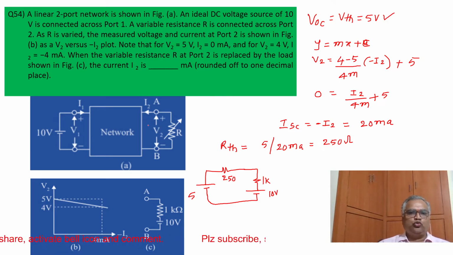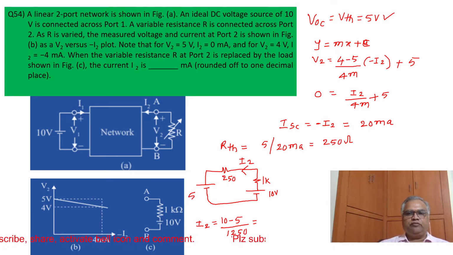The current I2. So this is the I2 direction. This I2 we have to find. So how do you find I2? It is nothing but 10 minus 5 by 250 plus 1K, which is 1250.